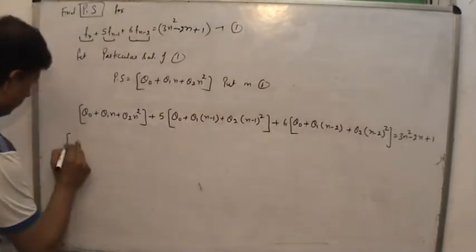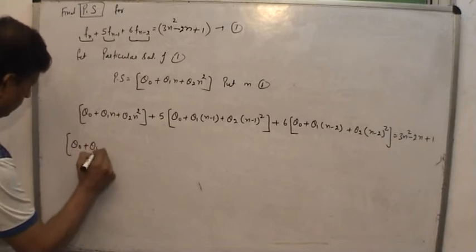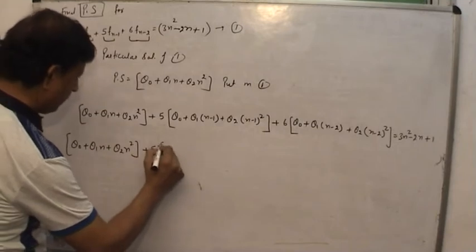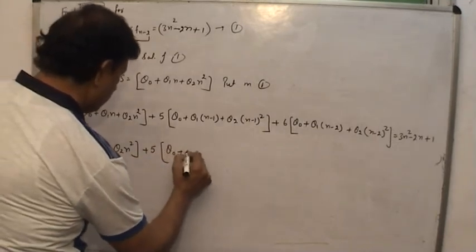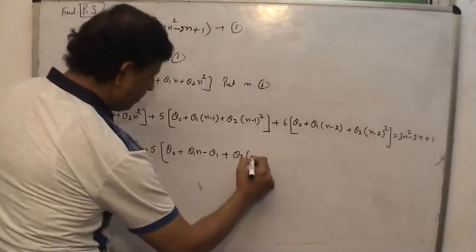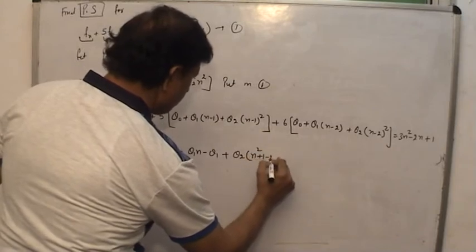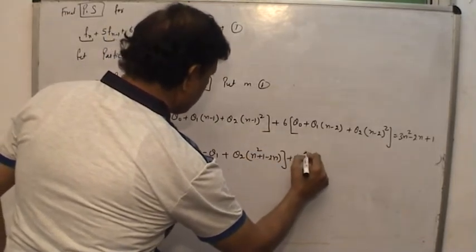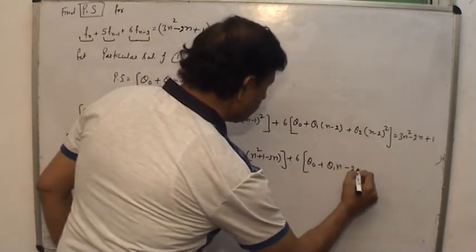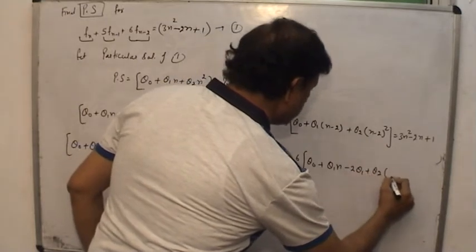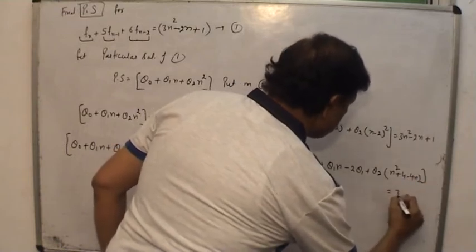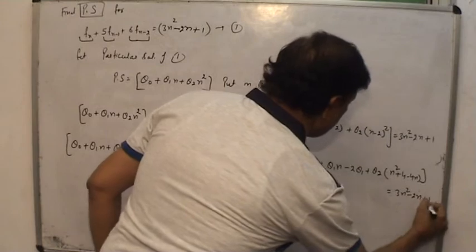Let us say Q0 plus Q1n plus Q2 n square, plus 5 times (Q0 plus Q1n minus Q1 plus Q2 n square plus 1 minus 2n), plus 6 times (Q0 plus Q1n minus 2Q1 plus Q2 into n square plus 4 minus 4n), is equal to 3n square minus 2n plus 1.